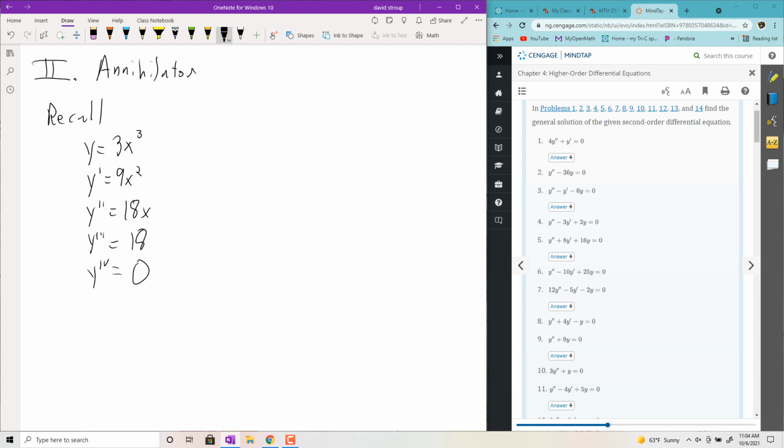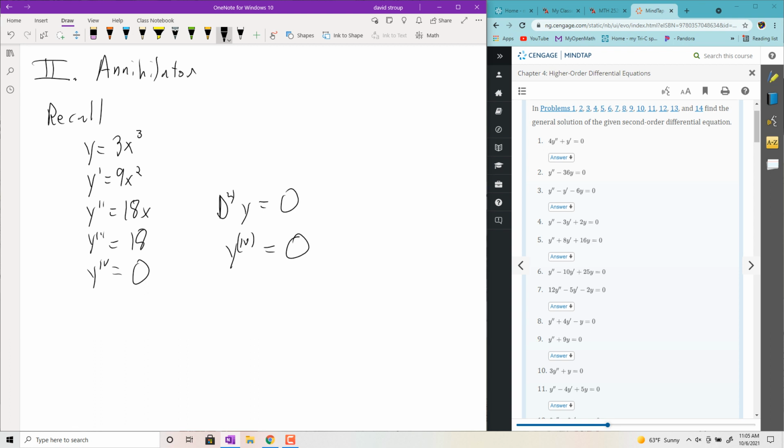So if you're given a differential equation like D to the 4th of y equals 0, in other words the fourth derivative of y equals 0, you know the solution has to be some sort of polynomial like 3x cubed.